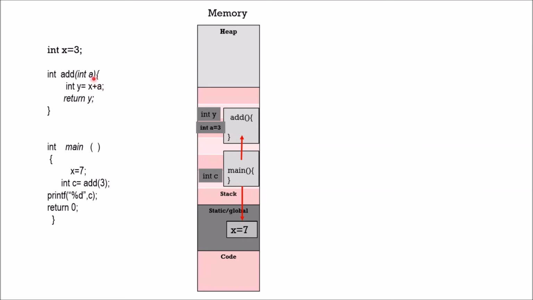Remember that a is now 3, which is this argument, so 3 plus x. The value of x was 7. Okay, so now the result is int y equal to 10. Okay, and return y. That means that add will terminate, and remember that everything else will be erased.